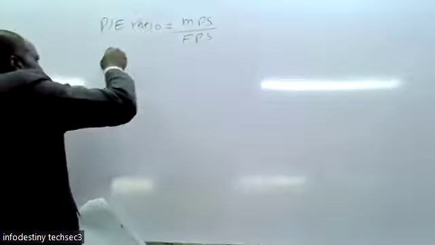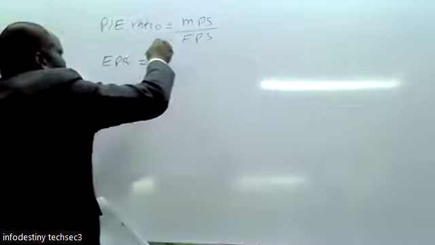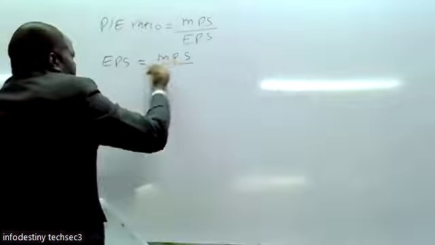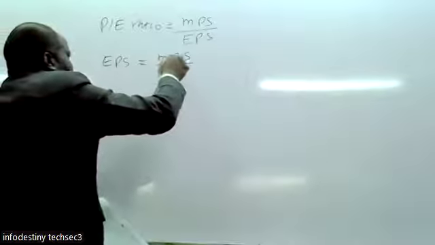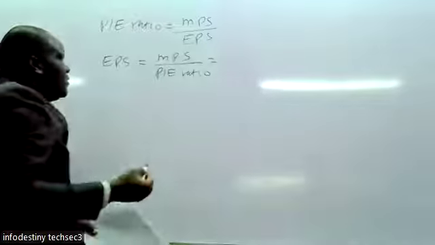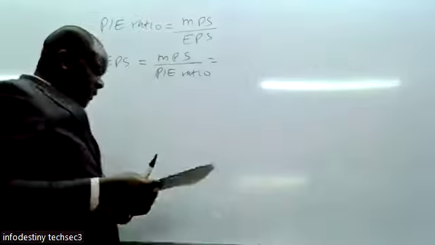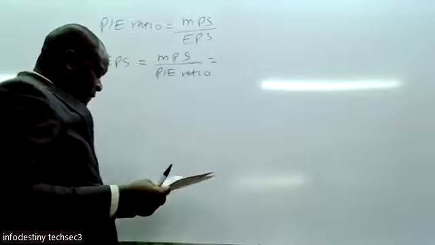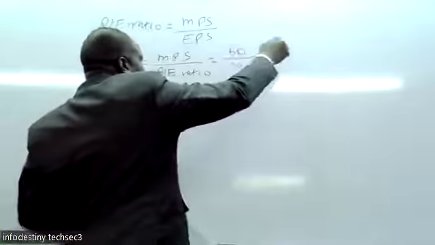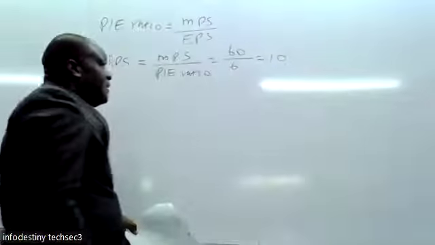So earning per share should be given by market price per share divided by the price earning ratio. Market price per share was given as 16. Then you divide by 6, which is going to give us 10.